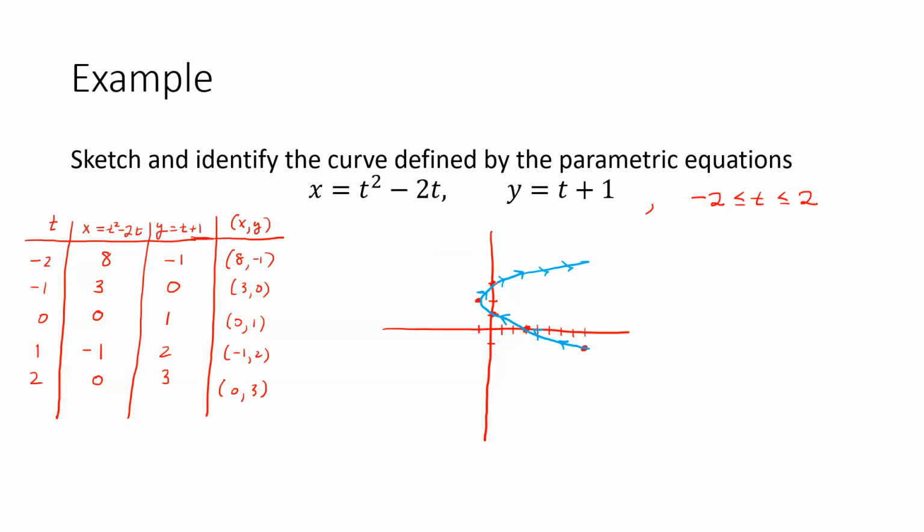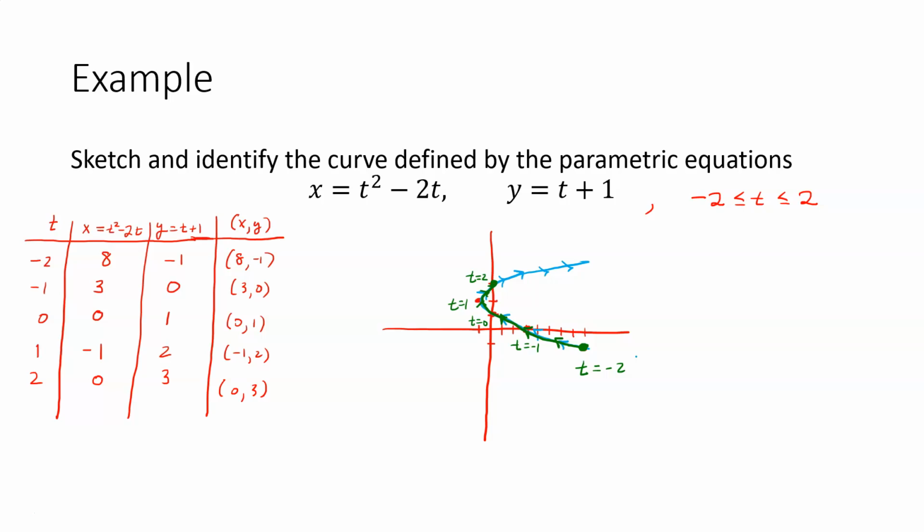So that would just be this portion of the curve from here where the parameter was at t equals negative 2, t equals negative 1, t equals 0, t equals 1, and then it ends here at t equals 2. So it's got a starting and an ending point if we're specifying what parameter t is.